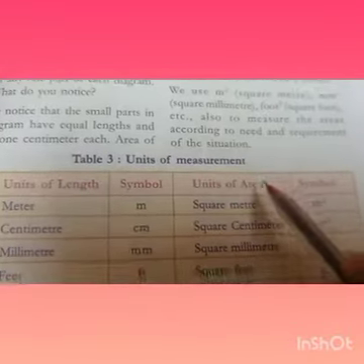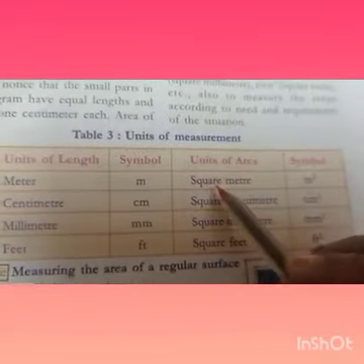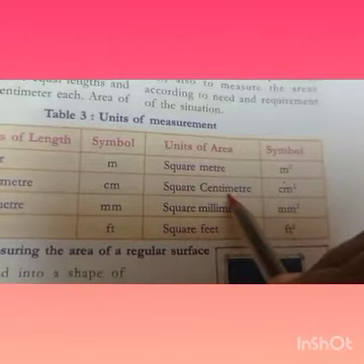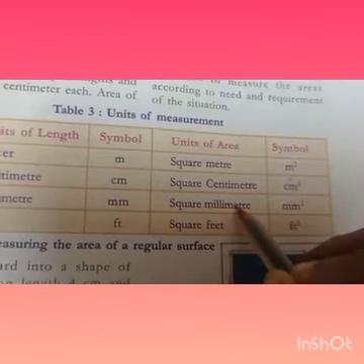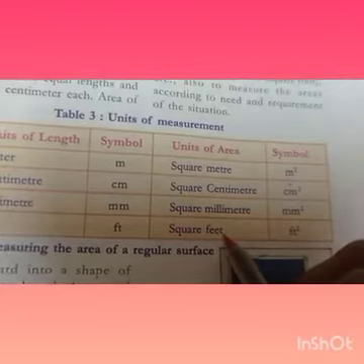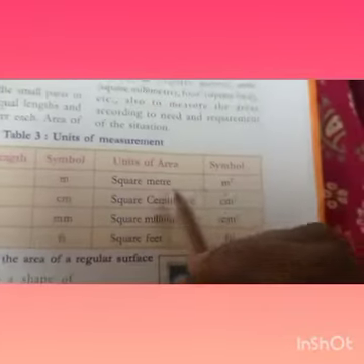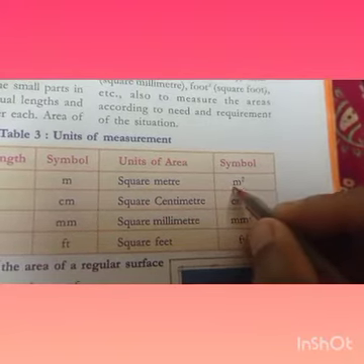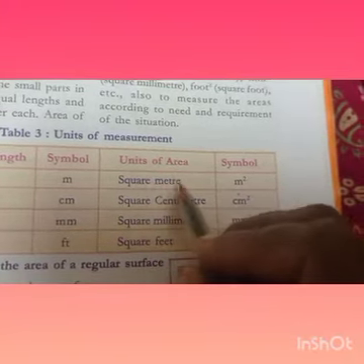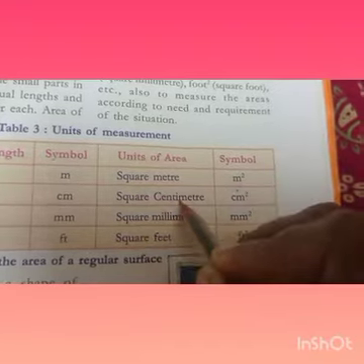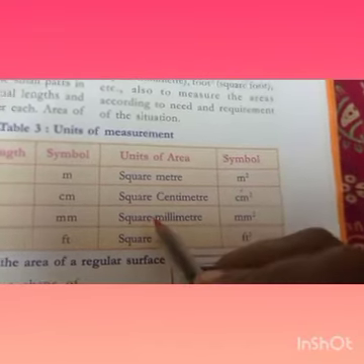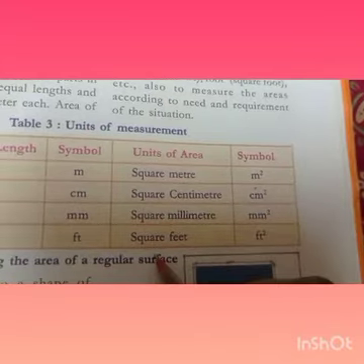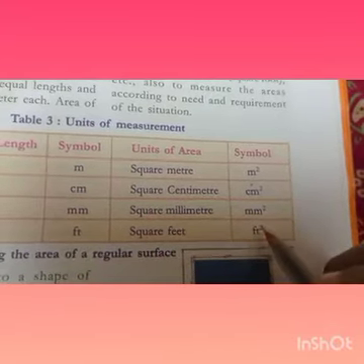When it comes to area, we will use the words square meter, square centimeter, square millimeter and square feet. Okay children, what is the symbol for this? M square. M square means square meter. Square centimeter means cm square. Square millimeter means mm square. Square feet means ft square.